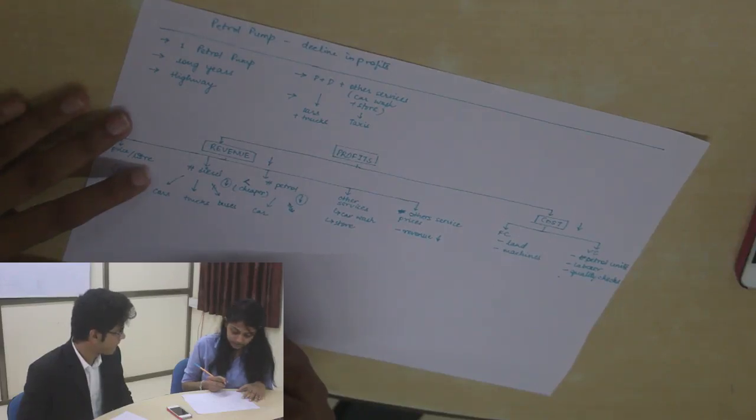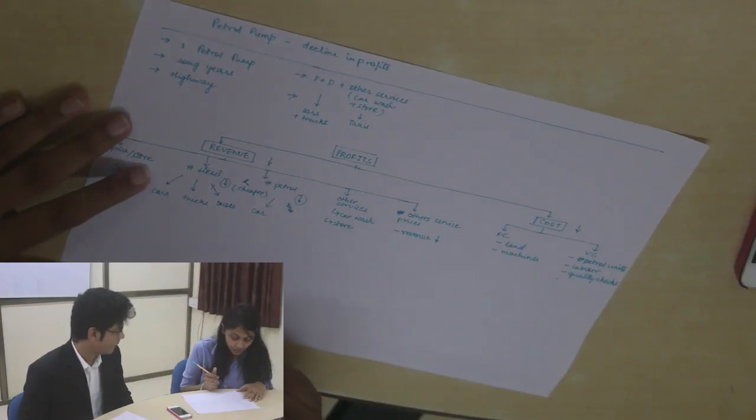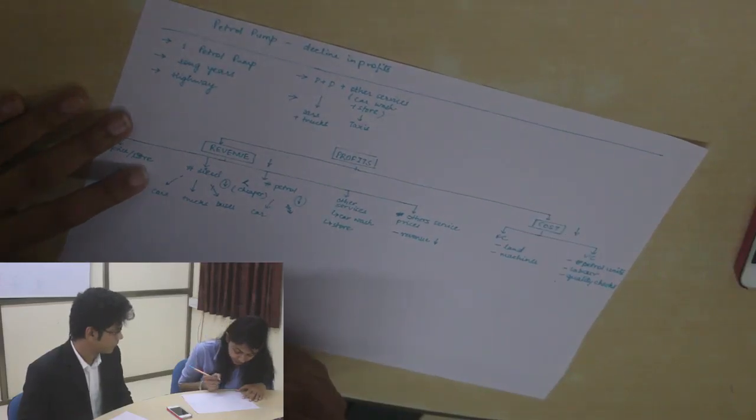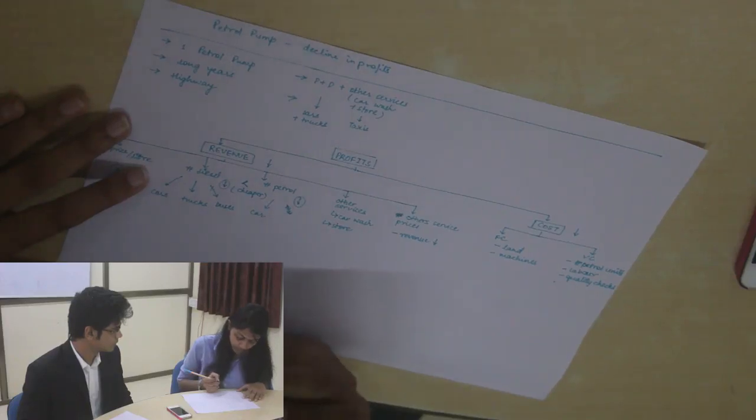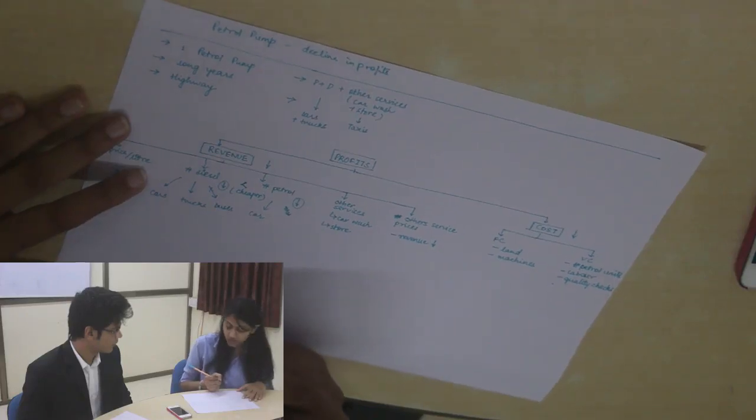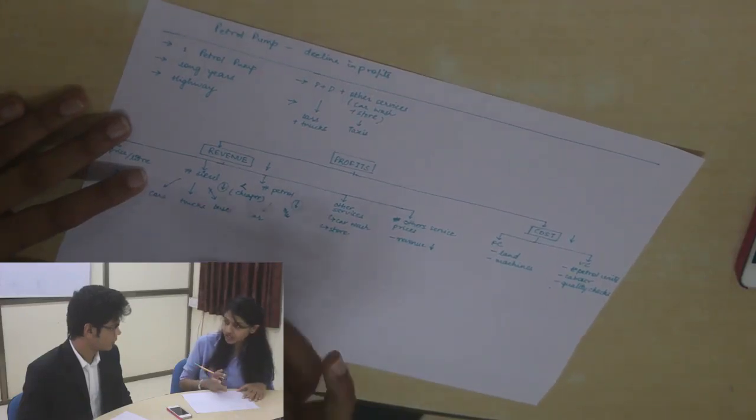Hmm. I'll just take a minute to think about this. The amount of diesel sold has gone down. Are they even providing to some other third party? Like they act as a mediator?